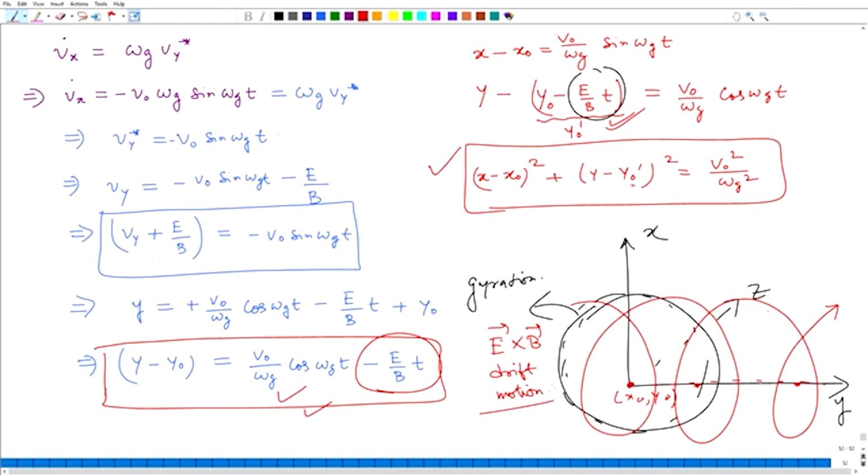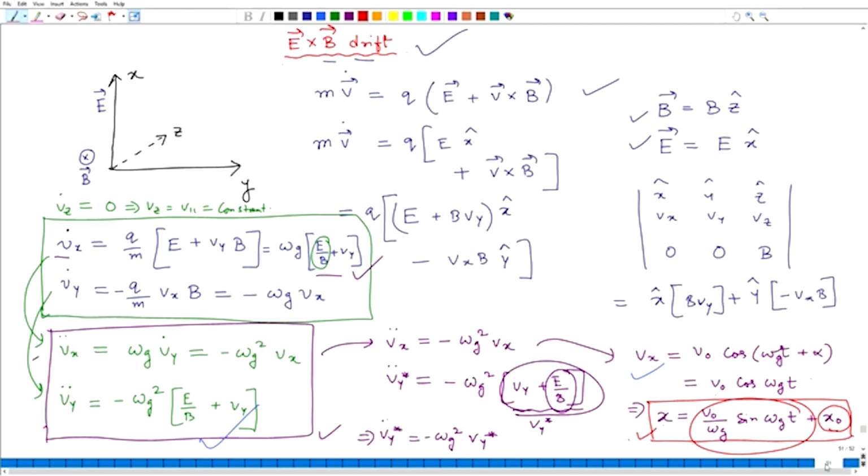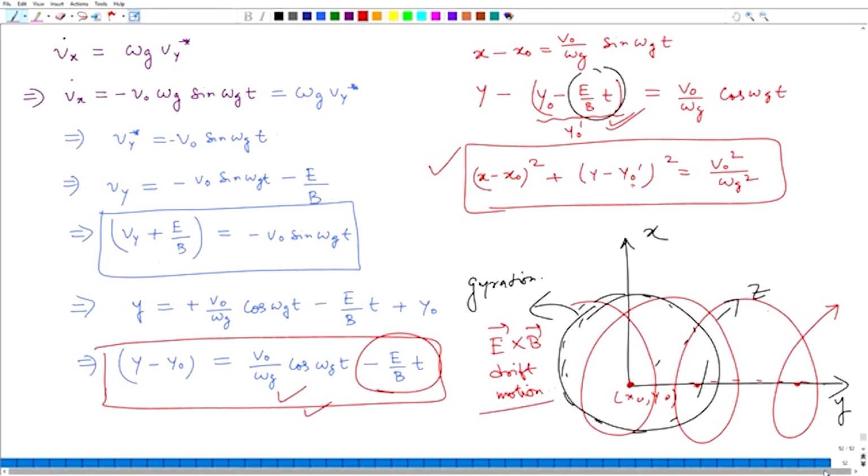Okay. Why is it called E cross B drift motion? That is only because if you just see in this case, when you write this Vy, why this name E cross B comes.